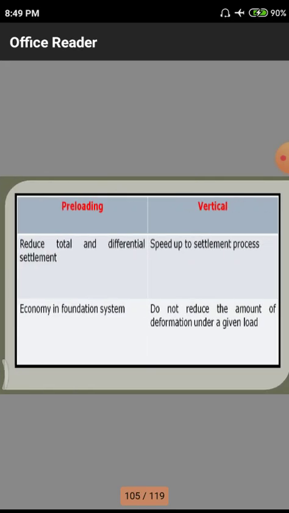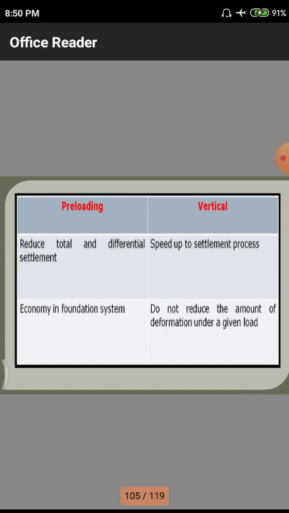This is the difference between preloading techniques and vertical drains. Preloading reduces the total and differential settlements, while vertical drains only reduce the speed of the settlement process.